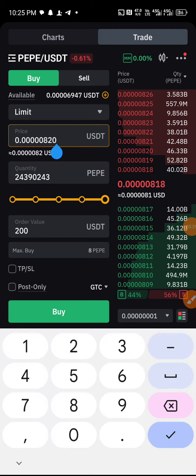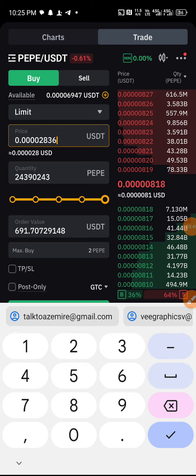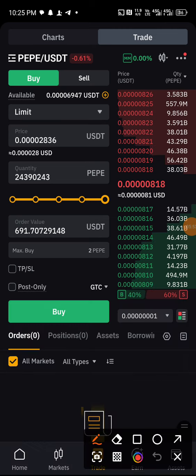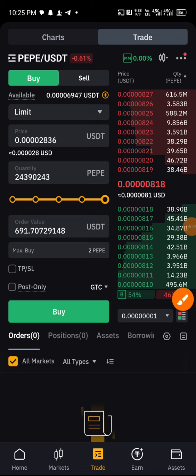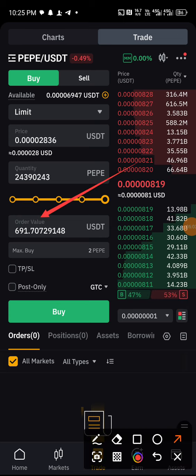Okay, so let me see. If it repeats history at 2836, how much will this 200 USDT turn to? A very good one. It will multiply your capital over 3 times.